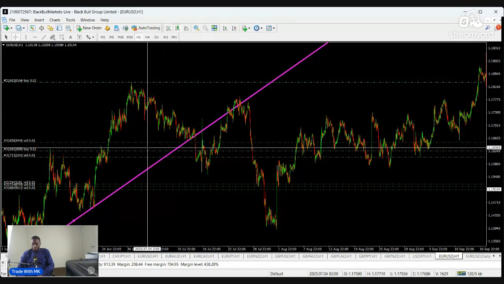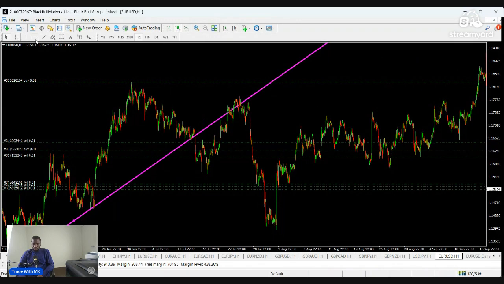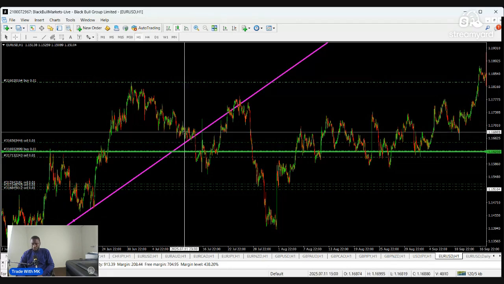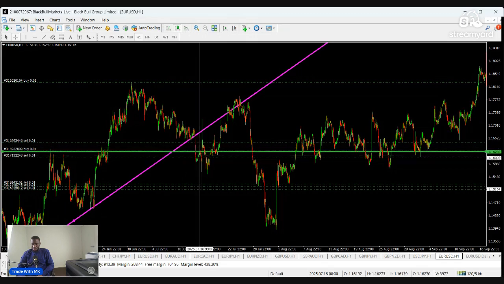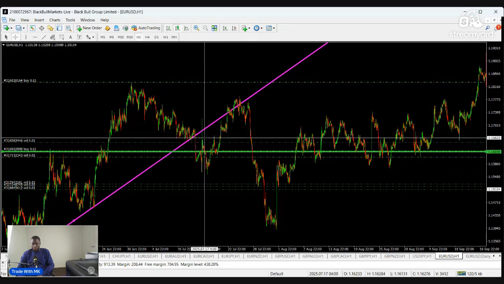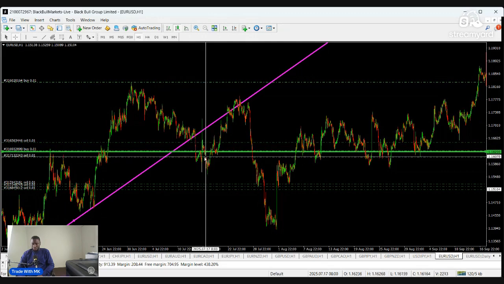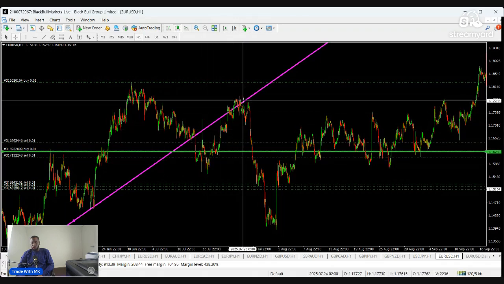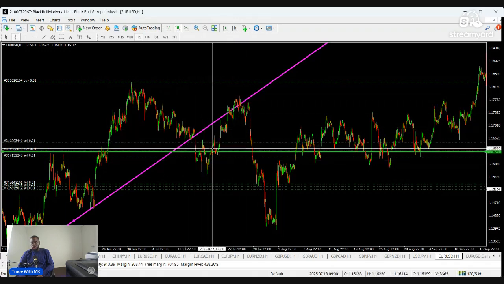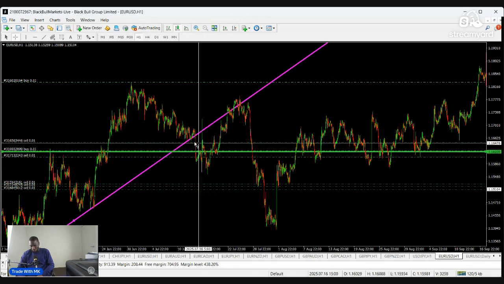So what they will do is put the old resistance here, which has become our support. So they will wait. The price starts at the trend line, it breaks out the trend line. So when it comes back down and goes back up and retests again and back down, they will sell, buy, resell here. They feel like they need a trend, but this trend got a change. Or they will say that the upper trend is over for the meantime.